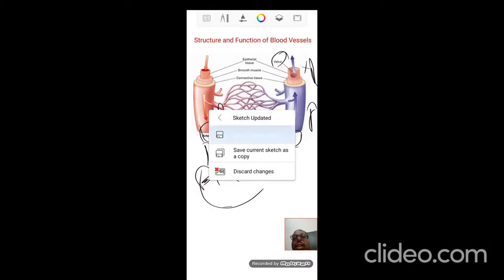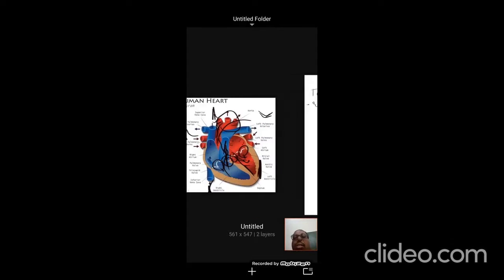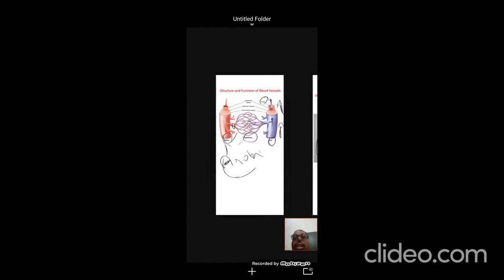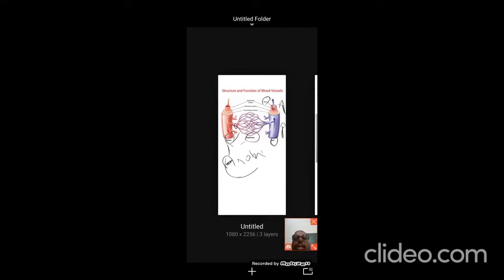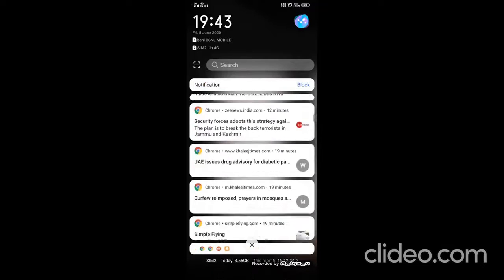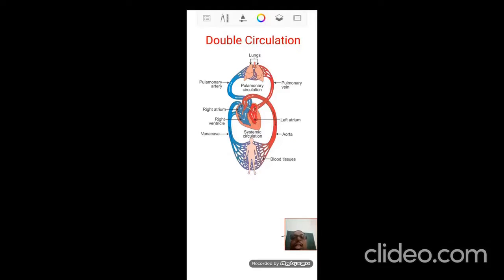Another one of the major important things that takes place in our body is known as double circulation. Double circulation means that in our body the circulation takes place twice. What do you mean by double circulation?